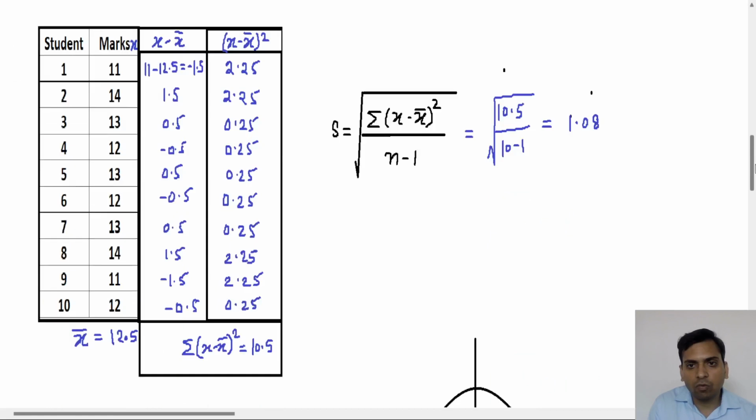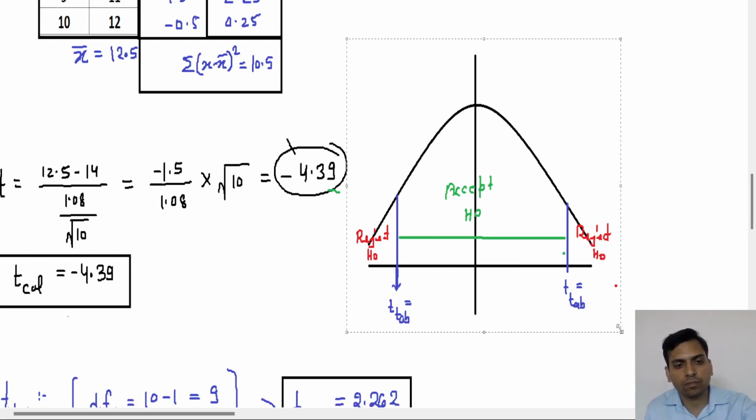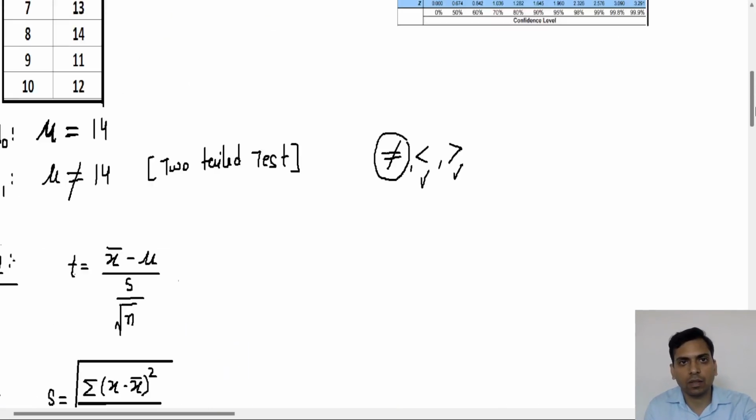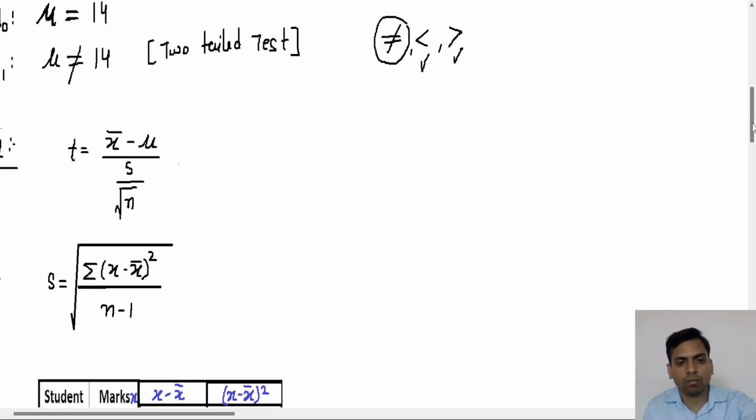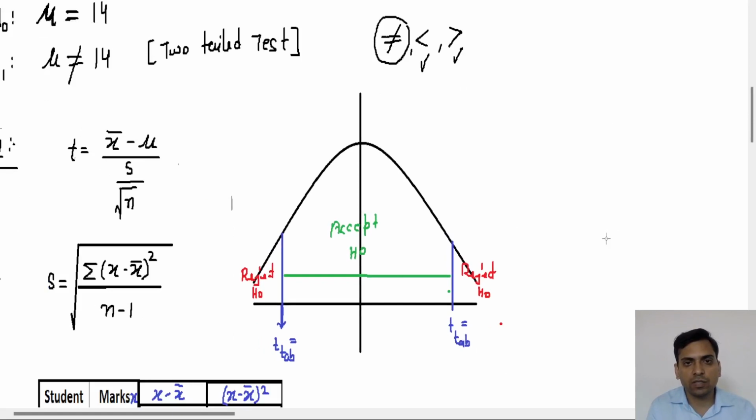Because we have this data in this form. Because this mu is the middle value, the mean. Now marks may be more than this 14 and less than this 14. So that's why there are two tails.